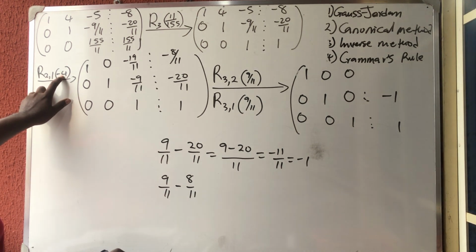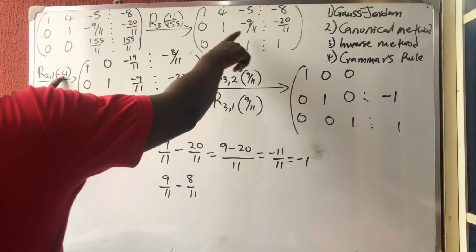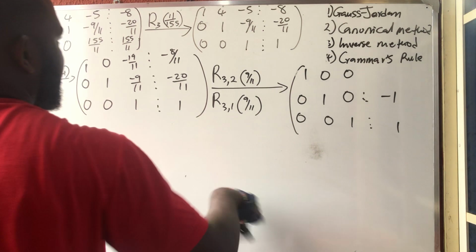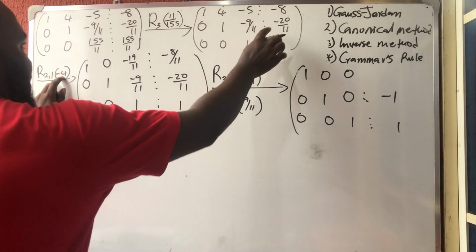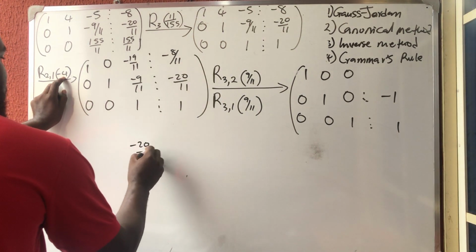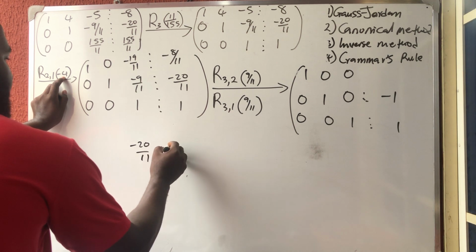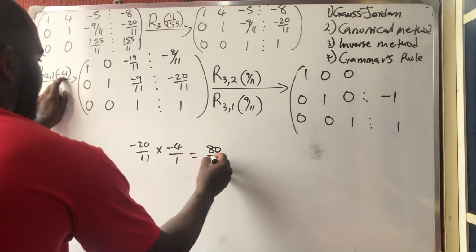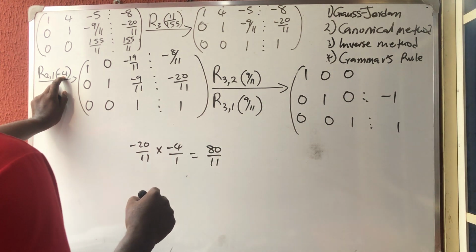They say we're multiplying row 2 by 4 and adding it to row 1. Row 2 by 4: 4 times this plus this. That's what we're supposed to do. Let me do it again. That is minus 20 over 11 times minus 4, which will give you 80 over 11.